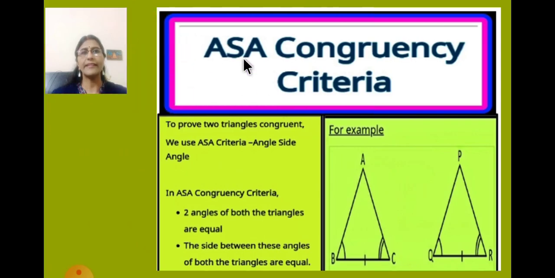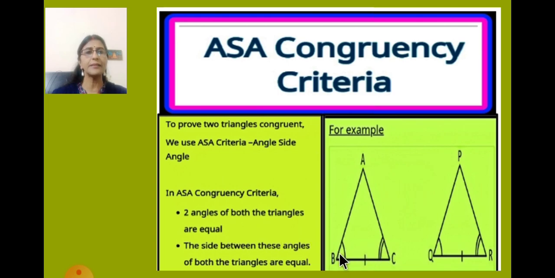Now the third criteria is ASA congruency criteria. To prove 2 triangles congruent, we use ASA criteria. Means angle, side, angle. In ASA congruency criteria, 2 angles of both the triangles are equal. Here you can see this is one angle, this is one angle.